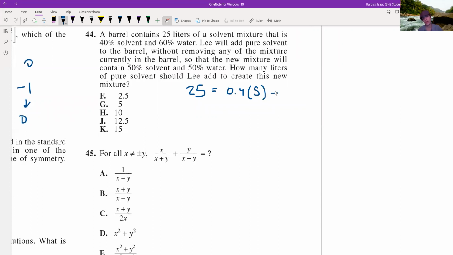And then 0.6 is water. And so we're saying, what can we do to make it 50 and 50? So the total would not be 25 anymore.